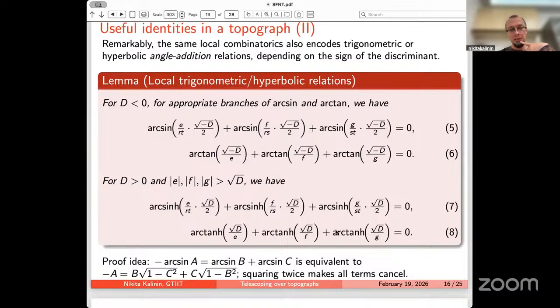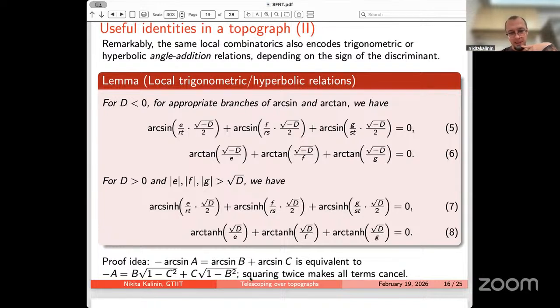Well, how do you prove them? You just say that this identity for arcsine is equivalent to this one, because you just apply sine. You apply sine to the left part and to the right part, and then you know what is the sine of arcsine and the sine of the sum of two arcsines.